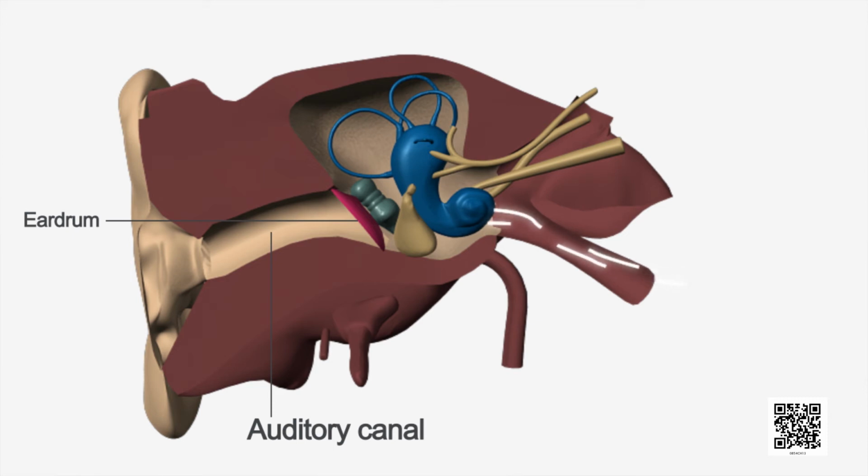The eardrum is like a stretched rubber sheet at the end of the auditory canal. Sound vibrations make the eardrum vibrate. The eardrum sends vibrations to the inner ear. From here, the signals go to the brain, and that is how we hear.